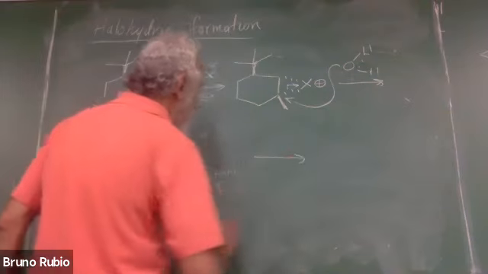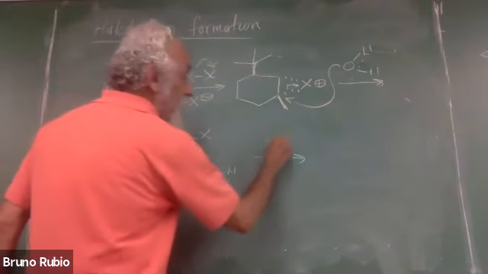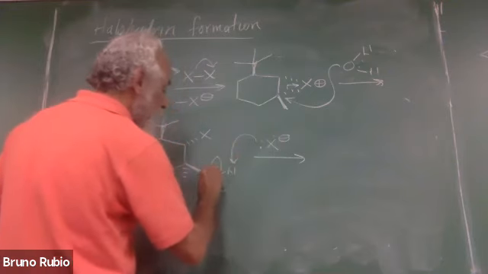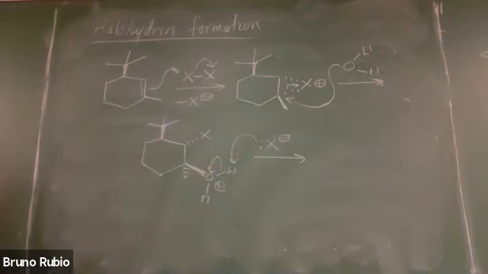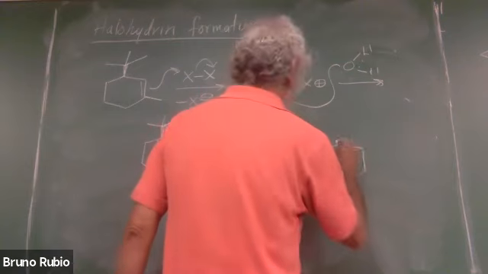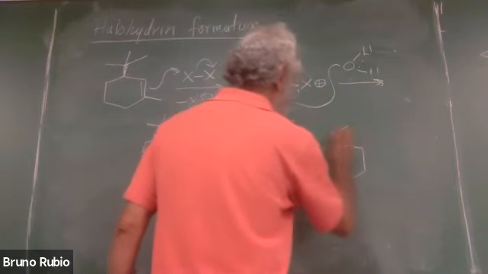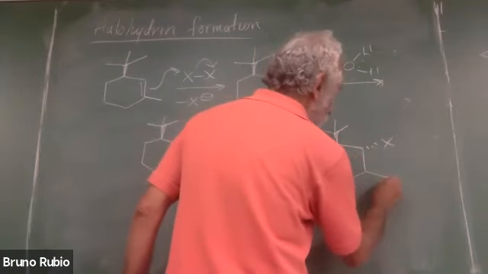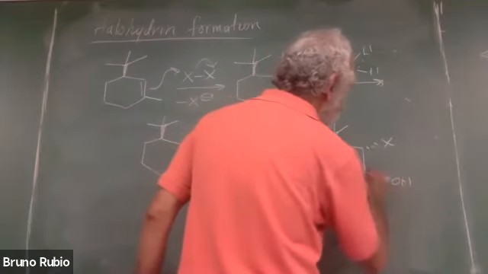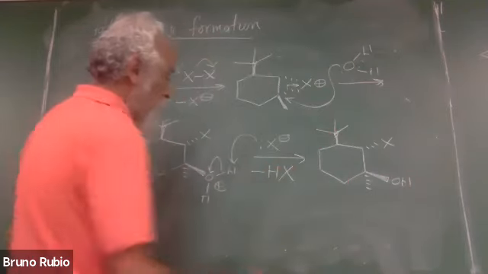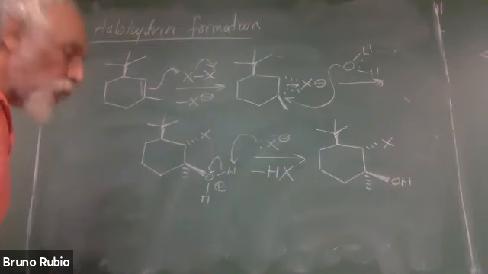And then last step is that X minus comes in, functioning as a base, and it's just going to deprotonate that oxonium ion. Oxygen doesn't like to have a positive charge on it. And so there's our product. There's our halohydrin. The other product, the inorganic product of this reaction, would be HX. Okay.